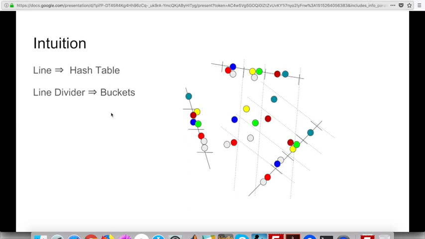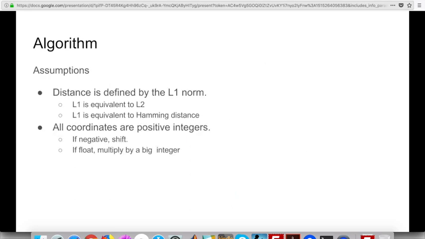Now that the intuition has been presented, I will go over the algorithm as illustrated in the paper. The paper makes 2 main assumptions. We assume that the points and the distance between points are measured using the L1 norm. It is argued in the paper that L1 is equivalent to the L2 norm and that L1 is equivalent to the Hamming distance.